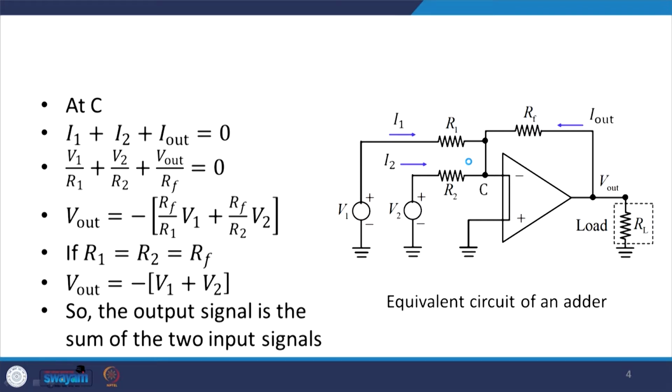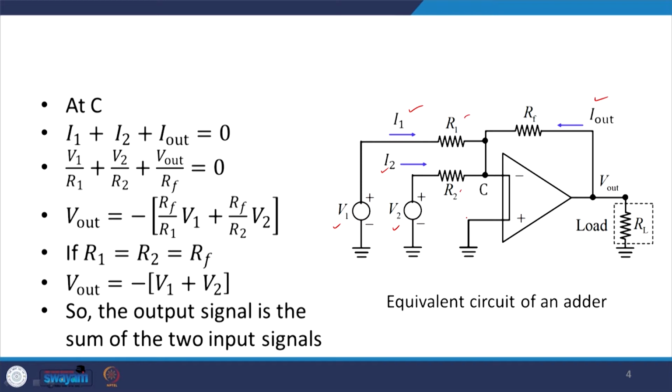Now, to see its use as the adder of the two signals, let us analyze it. For that purpose I have drawn the equivalent circuit of an adder. These are V1, V2, R1, R2, with currents I1, I2, and the output current, and this point is shorted as per the assumptions for the op-amp.